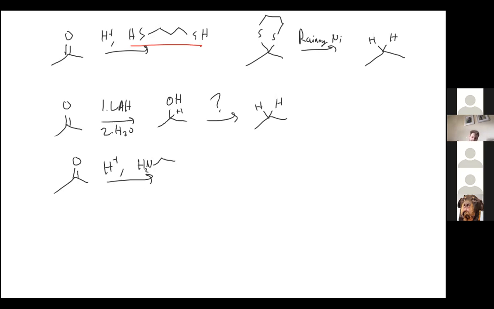This is going to end up making us what is referred to as an imine. And then if we have a secondary amine, so now we have two substituents on our nitrogen, we're going to make what's referred to as an enamine.